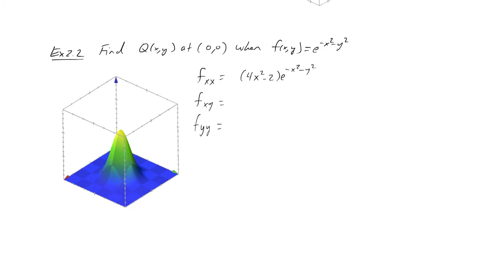The second order partial that's mixed is this. And the second order partial with respect to y is going to be a lot like the one for x, just with x and y flipped because it's symmetric. And if you work this out, put in 0, 0 at all these partials, and in the first order partials, you should get that the quadratic approximation is 1 minus x squared minus y squared.